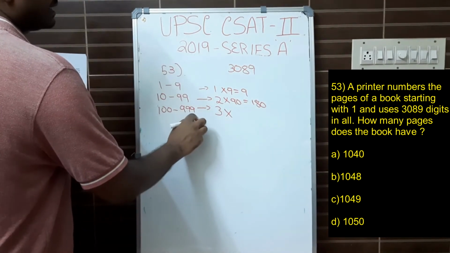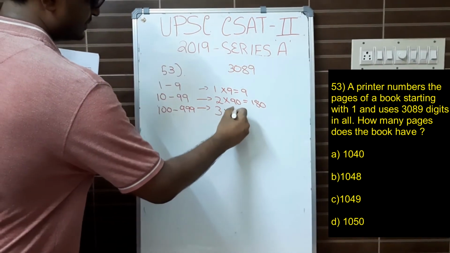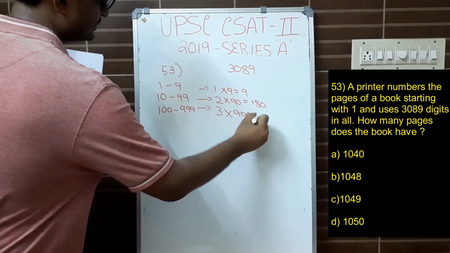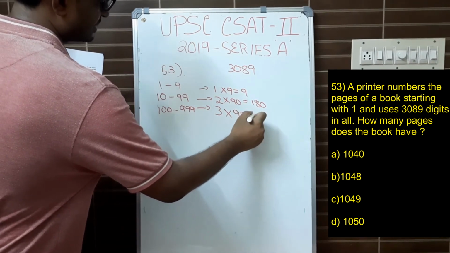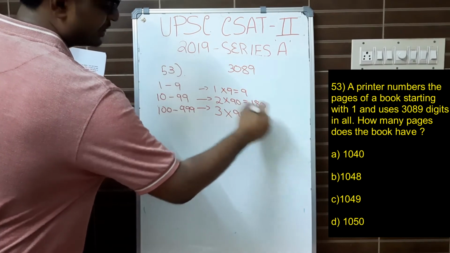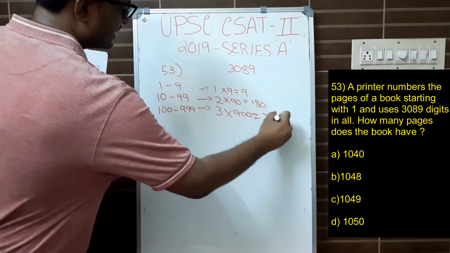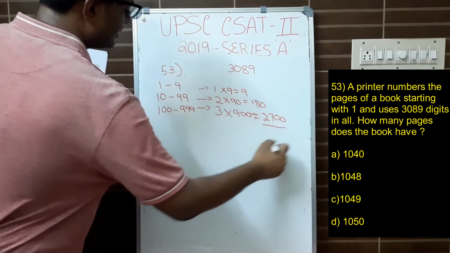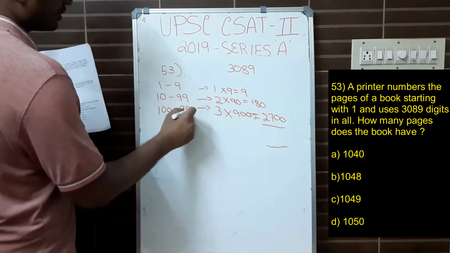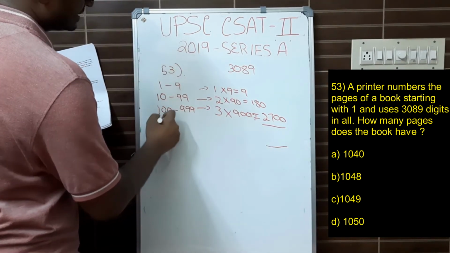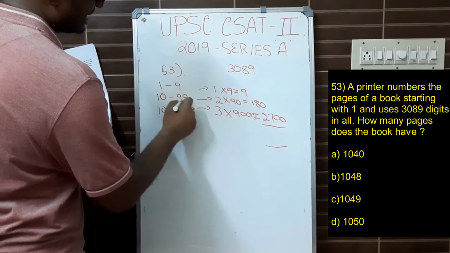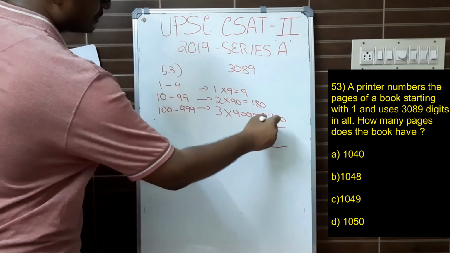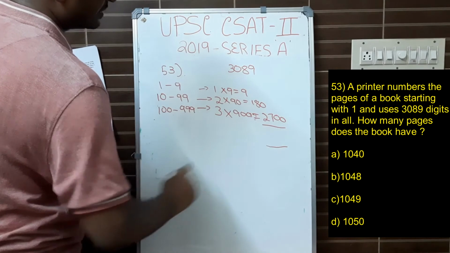Between 100 and 999 we have 900 numbers, so 900 into 3 is 2700 digits. When we finish with all the 3-digit pages, when we reach page number 999, we would have consumed these many digits.